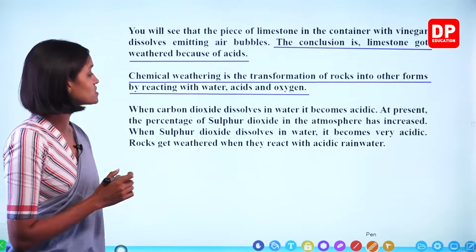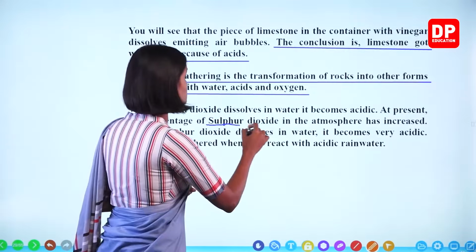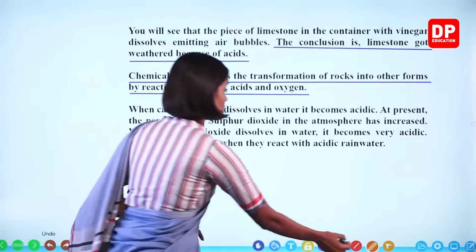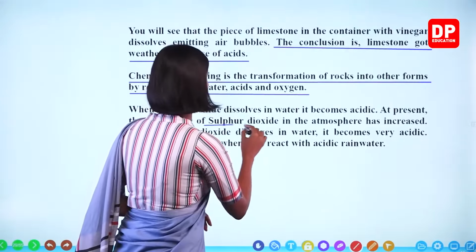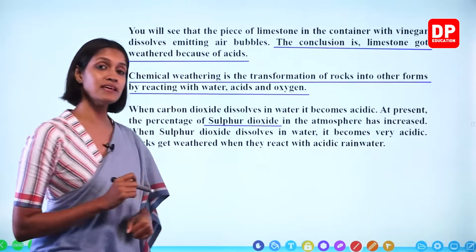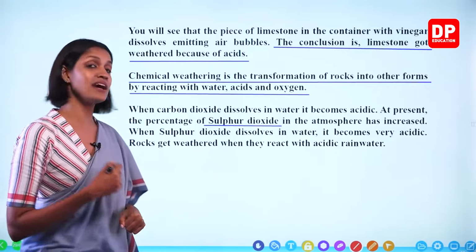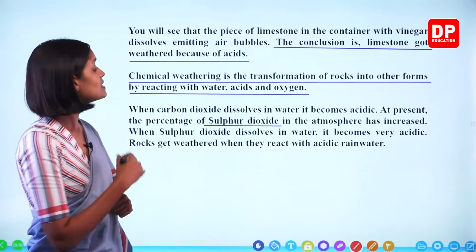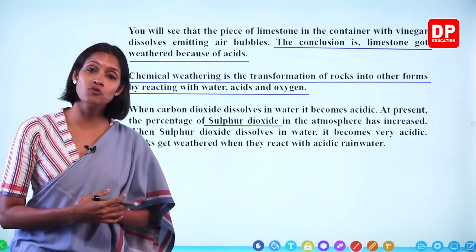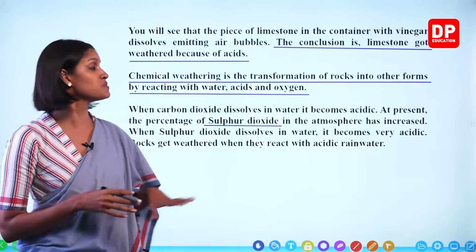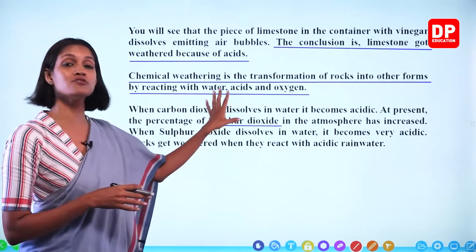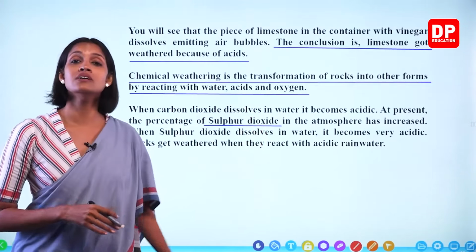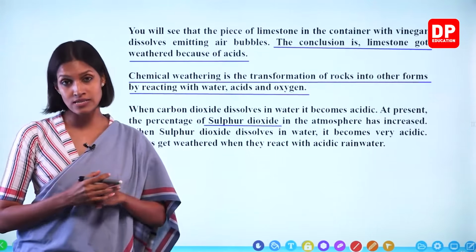So sulfur dioxide is a type of gas that causes rock weathering, due to the formation of acid rains. There's another type of gas, nitrogen oxide gases also. There are different forms of gases. Nitrogen oxide gases also dissolve in rain. Sometimes nitrogen oxide gases are also present in the atmosphere, and certain factories also release them.